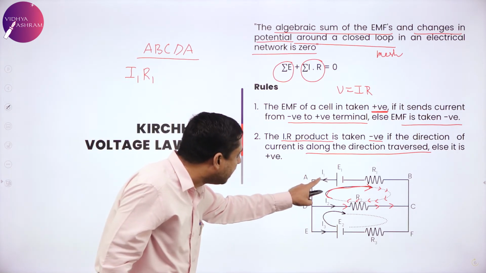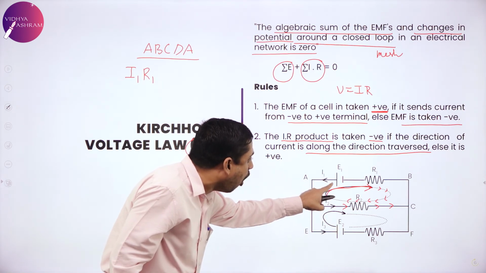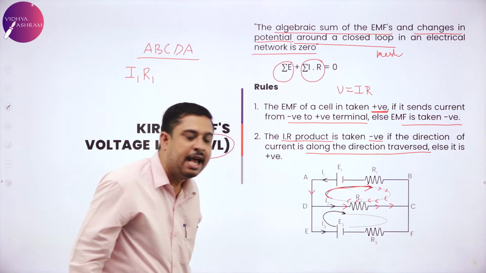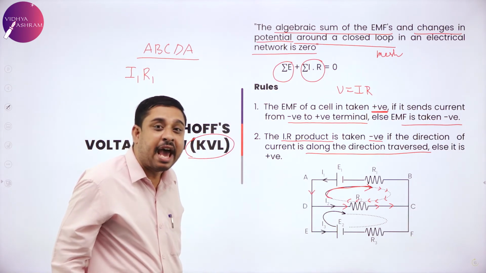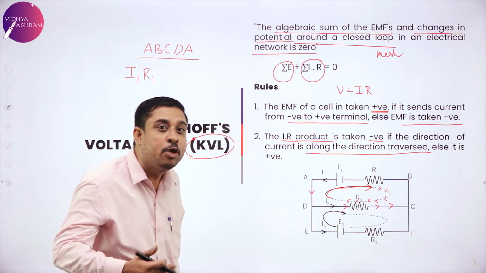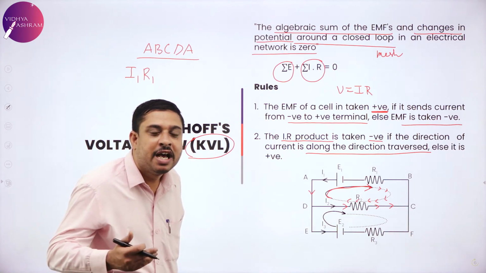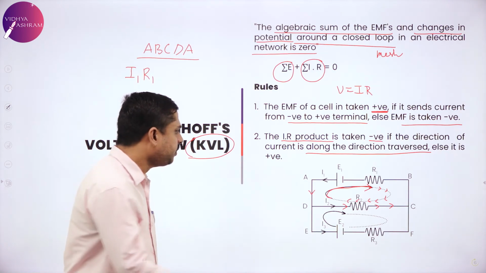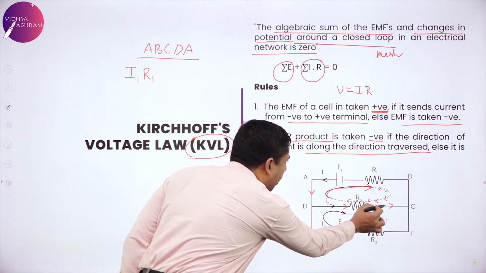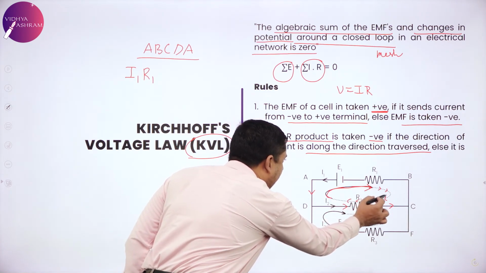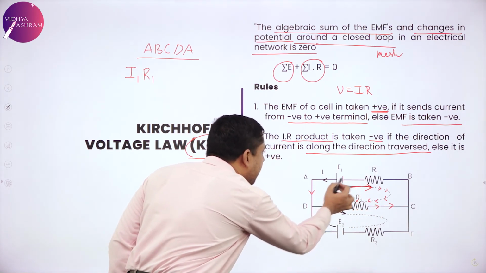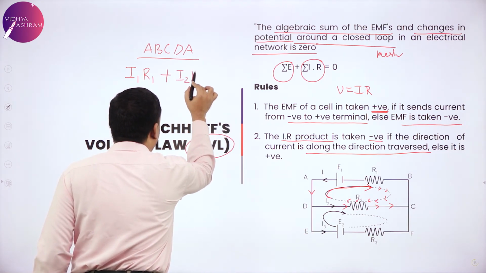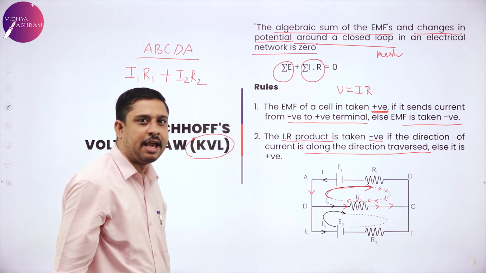Here I1 is flowing opposite to the direction of traverse. Whatever direction is given, I1 is opposite to it. Therefore, the product I1 R1 is positive. What about I2? Again, if you observe, I2 is in this direction and the direction of traverse is opposite to it. Again, the product I2 R2 is positive.